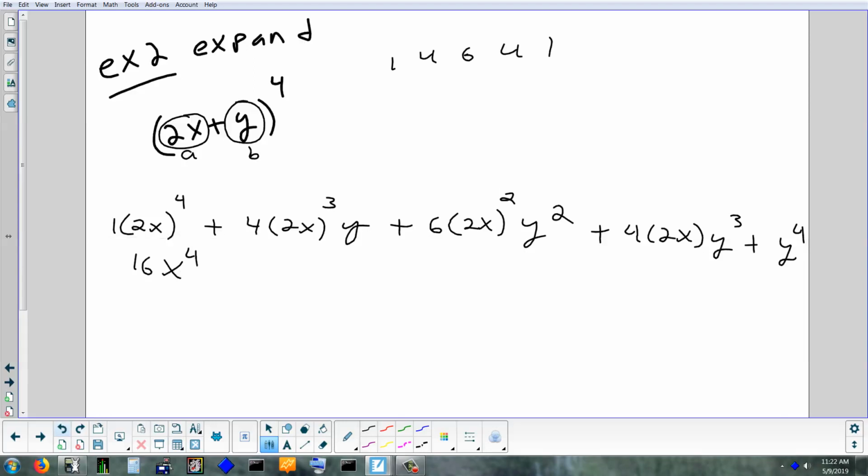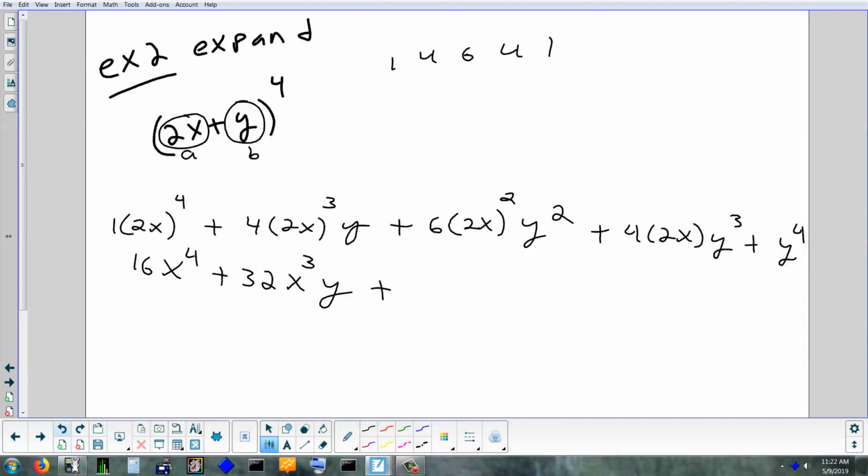But in this case, it's just times 1. Right. How about the next one? 2 cubed is times 4. So we get 32 x to the third y.